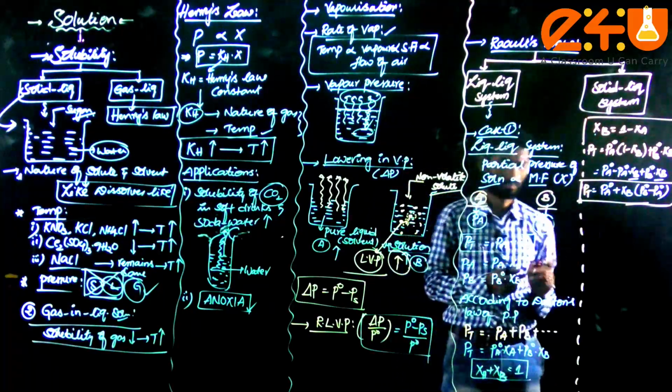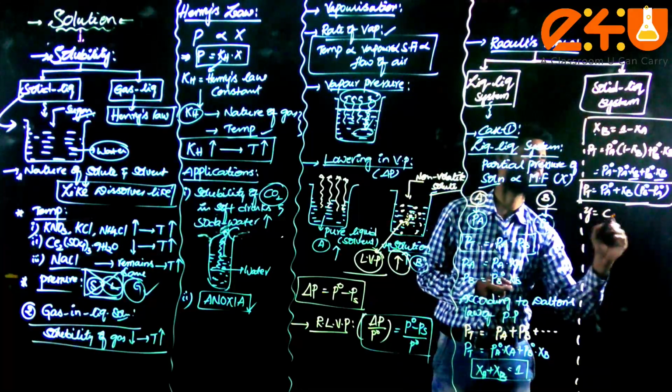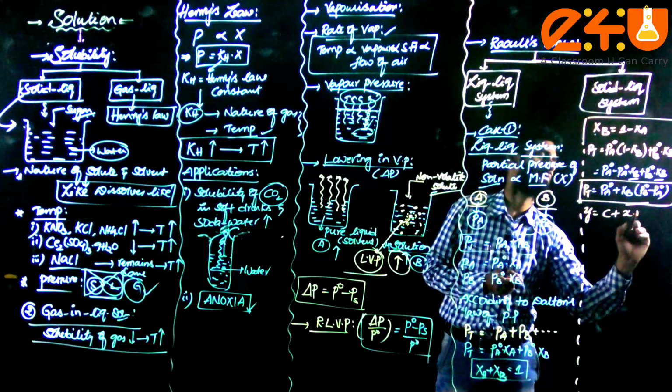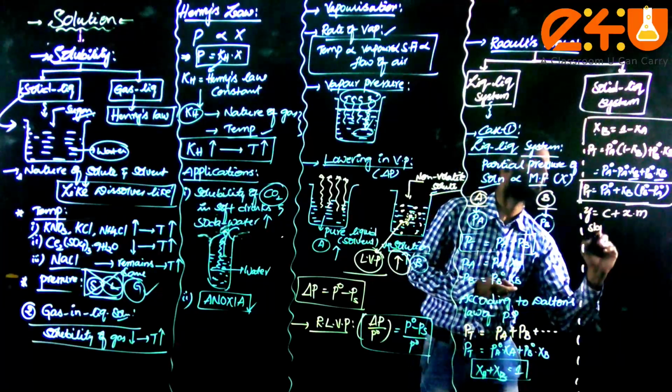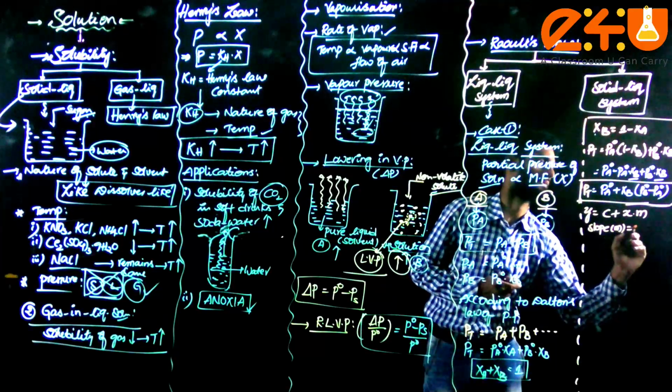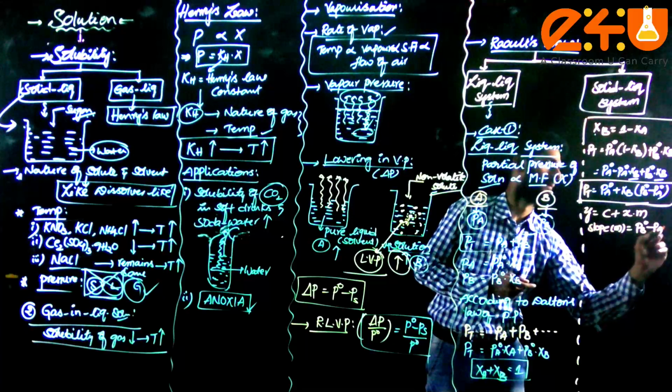Now I am comparing this formula with the equation of a line, y is equal to mx plus C. Then m is the slope, m is equal to PB naught minus PA naught.